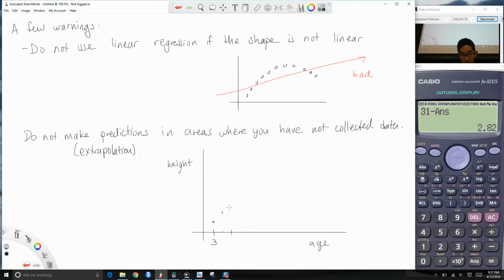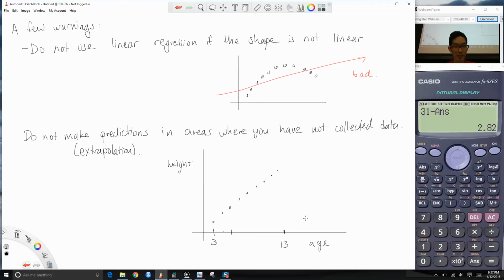Every 6 months you measure how tall this kid is, and it looks like this. And maybe you're now at age 13, and you're like, wow, this kid has grown about an inch every single year or whatever.